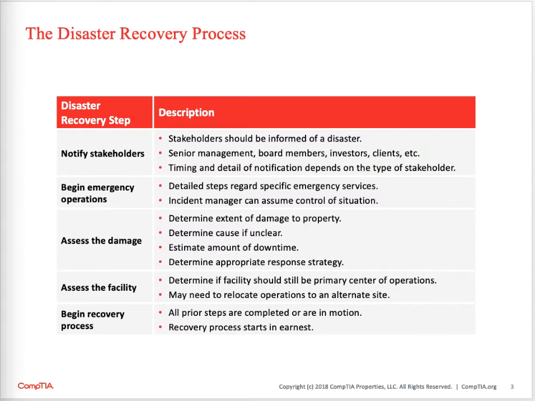It is necessary to assess the current facility's ability to continue being the primary location of operations, right? If this facility has been adversely affected, then we're going to need to relocate operations to an alternate site. That possibly could be our best option.